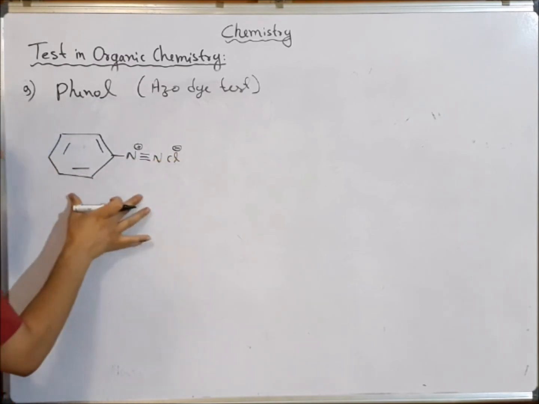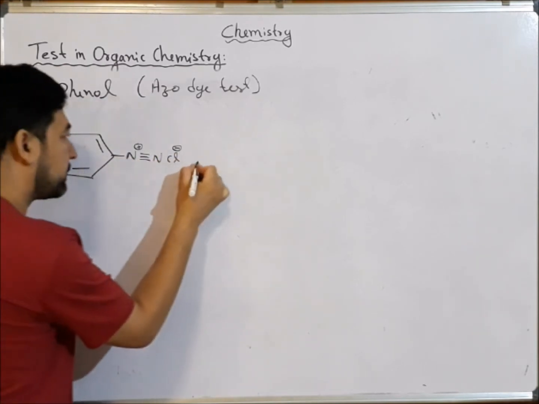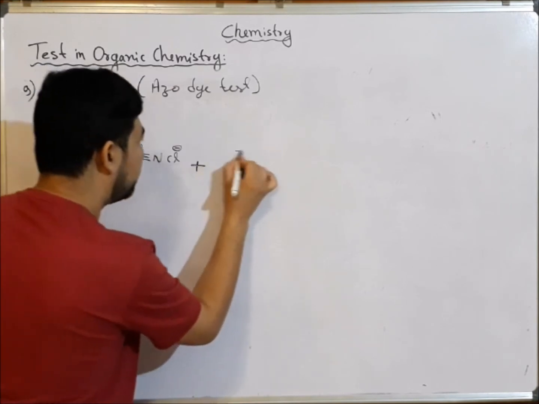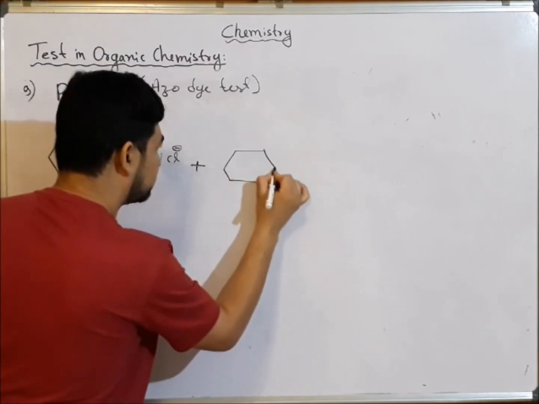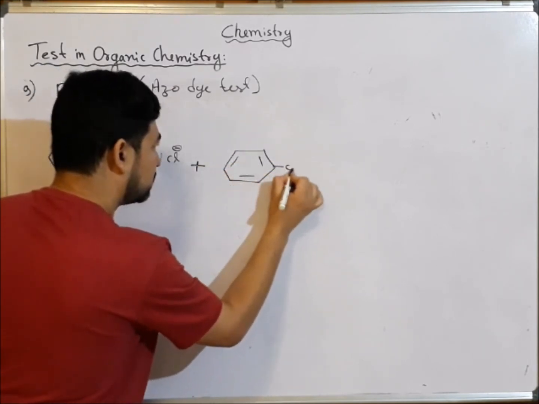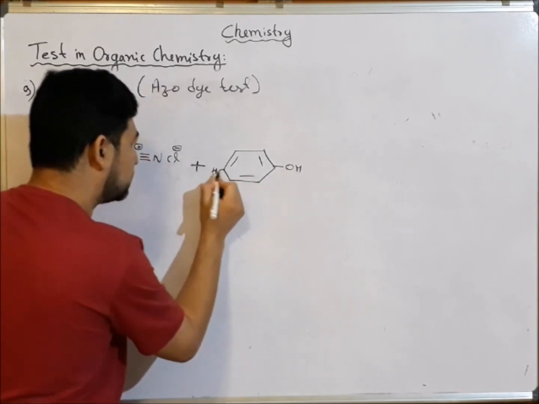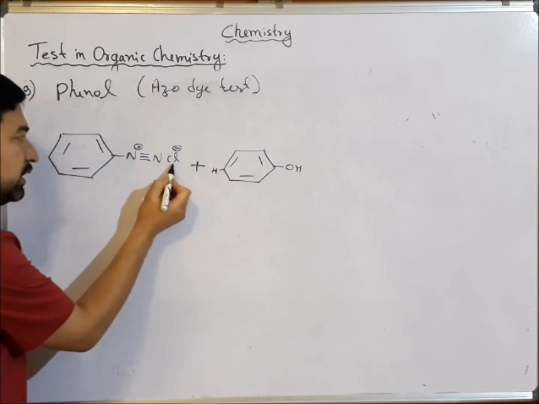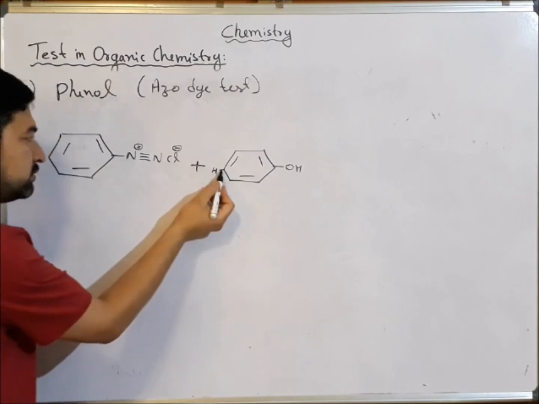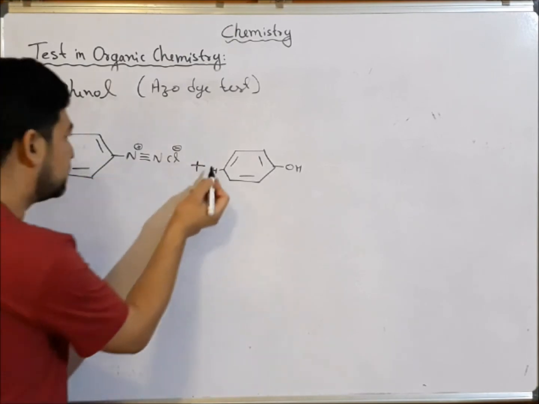So it's benzene diazonium chloride plus phenol, with OH. So here this Cl comes out and from here H comes out and this bond gets attached here.